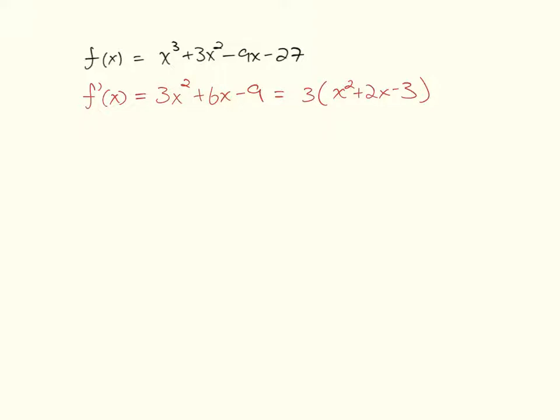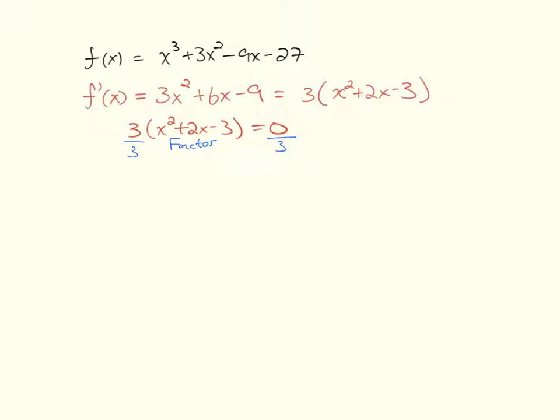In order to find the critical values, we will set that equal to 0 and solve for x. And I know that I can divide both sides by 3 here to get rid of that 3. And at the same time, I'm going to factor this.